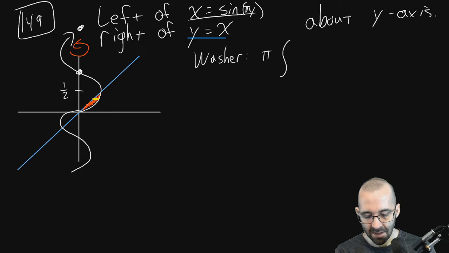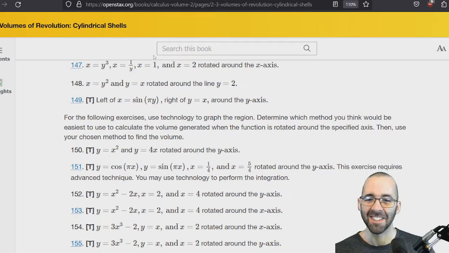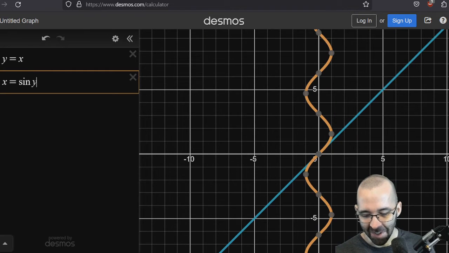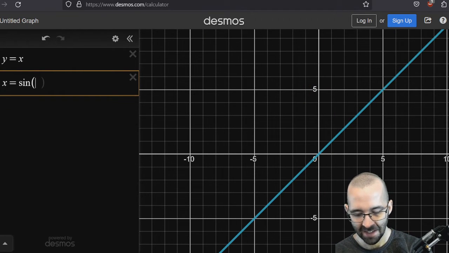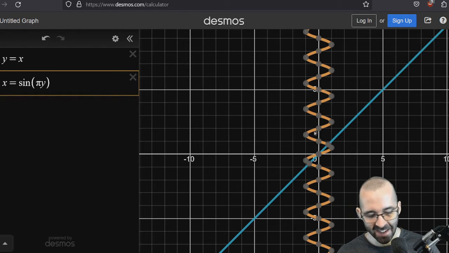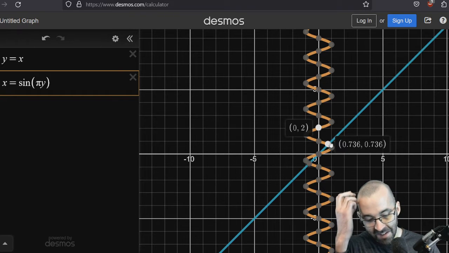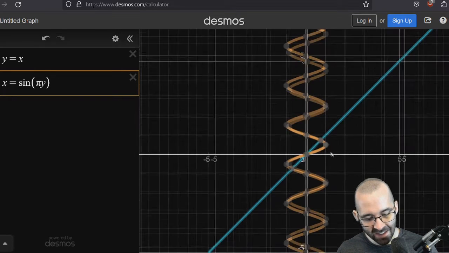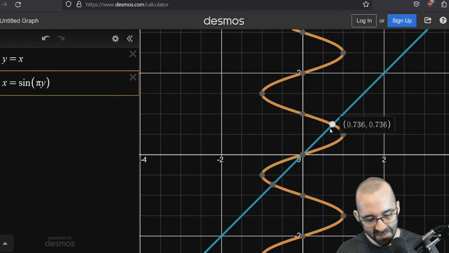We're still going to use, we could figure this out. Let's graph it. So where does that intersect? At whatever coordinate that is. I wonder if that is something, I don't think that's anything in terms of pi. But maybe it is?